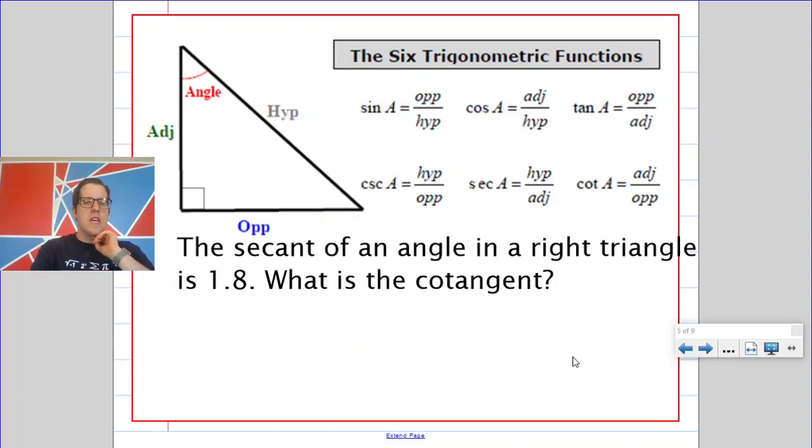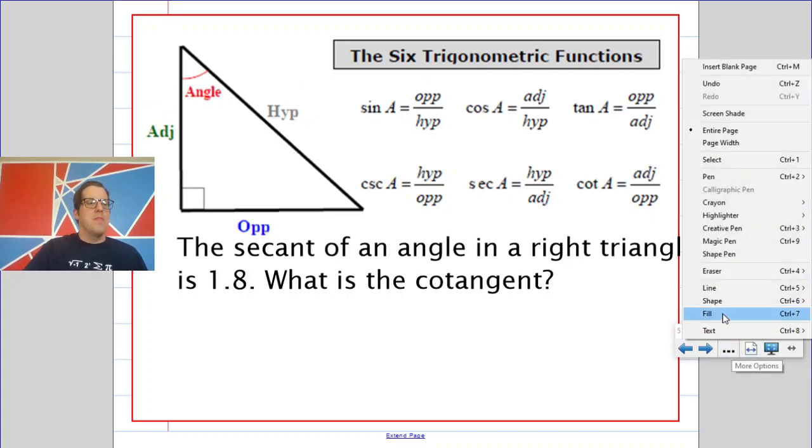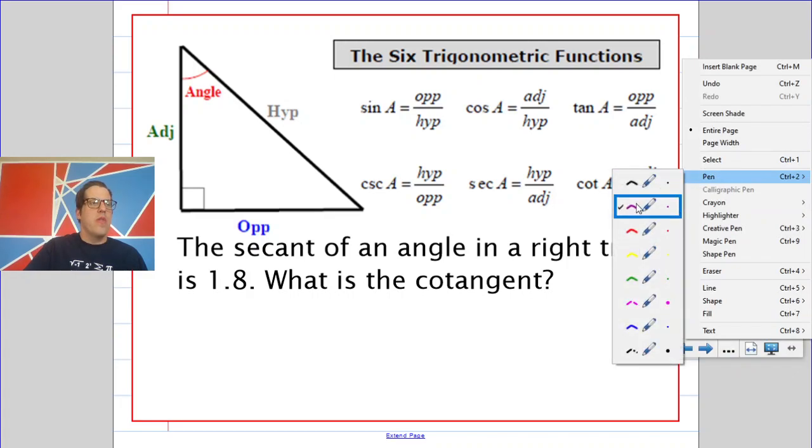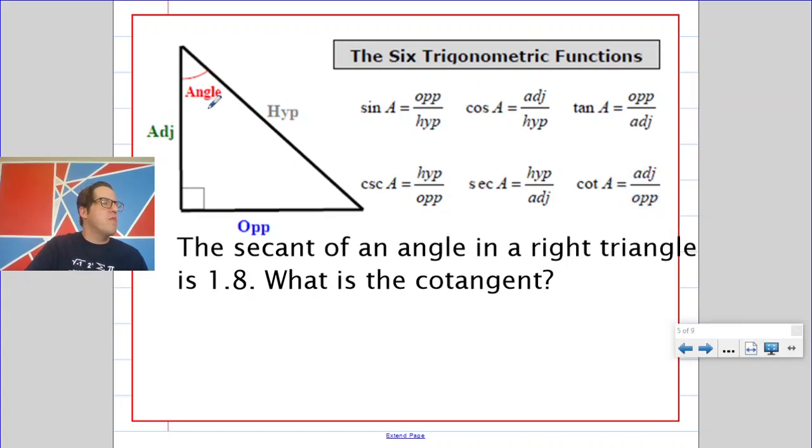All right, the secant of an angle in a right triangle is 1.8. What is the cotangent? So this time I'm going to be more careful. I am going to label the angle with theta. A lot of times when we're using trigonometry, we will use this Greek letter theta. The secant of an angle in a right triangle is 1.8. What is the cotangent of that angle?